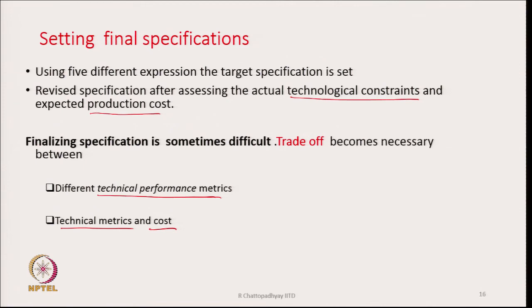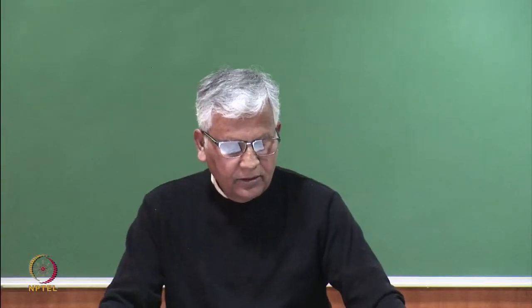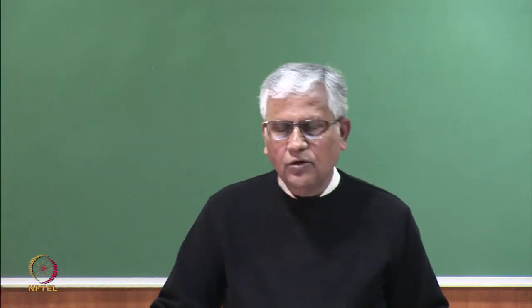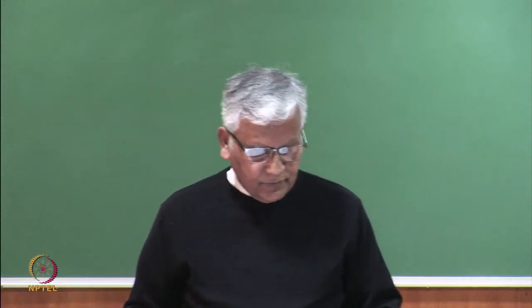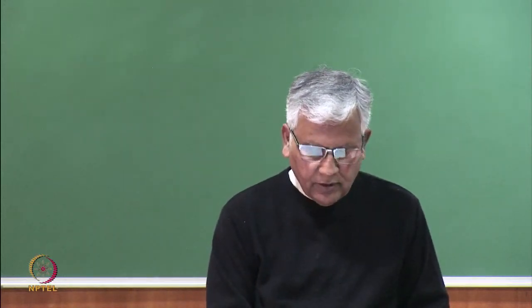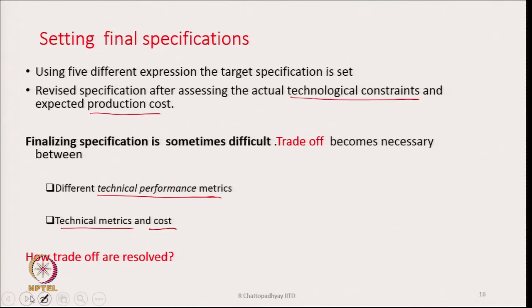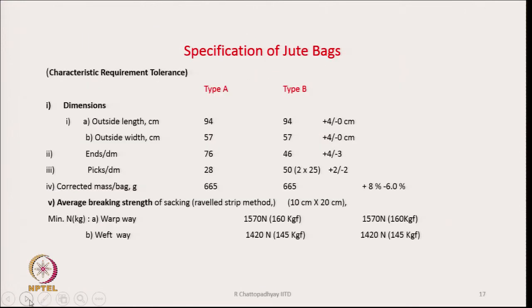So, between these technical performance metrics we need some trade-off, and the other is between technical metrics and the cost. So, cost-related aspects also we have to see. How the trade-off is resolved, we are going to discuss this aspect now, but before that let us see the specifications which I lifted from some sources.